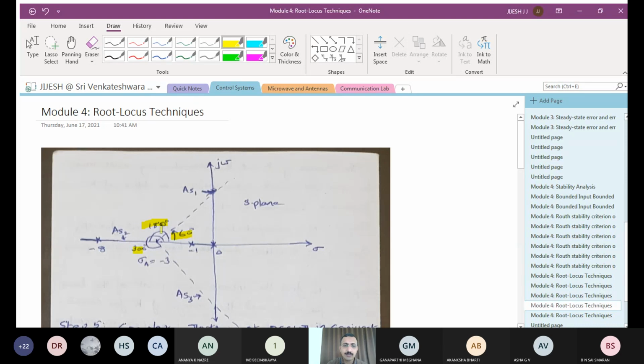These dotted lines indicate the asymptotes. These asymptotes are drawn as well, but you should know at which angle each is drawn, so we have to find those angles.